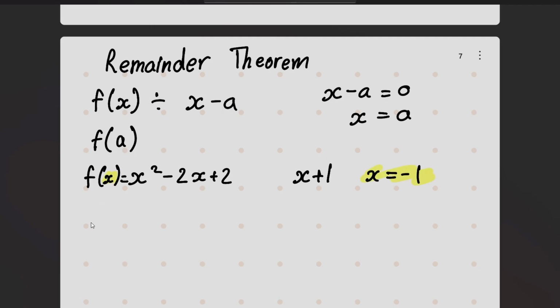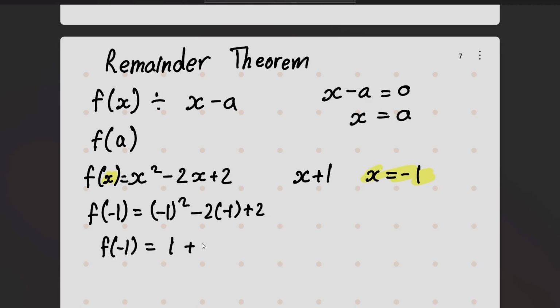So now we get f of negative 1, negative 1 whole squared minus 2 times negative 1 plus 2. And now we'll get 1 plus 2 plus 2. And our remainder here is 5. So that's the other way of finding the remainder.